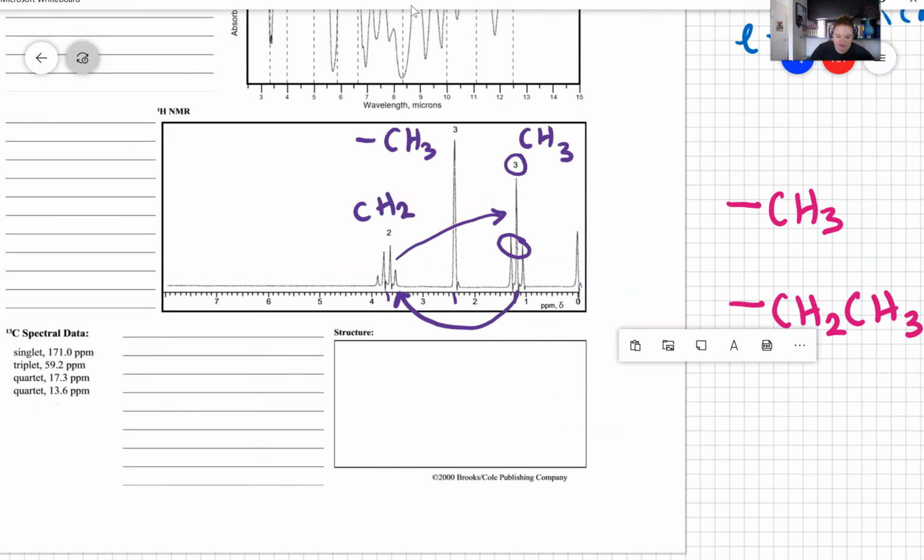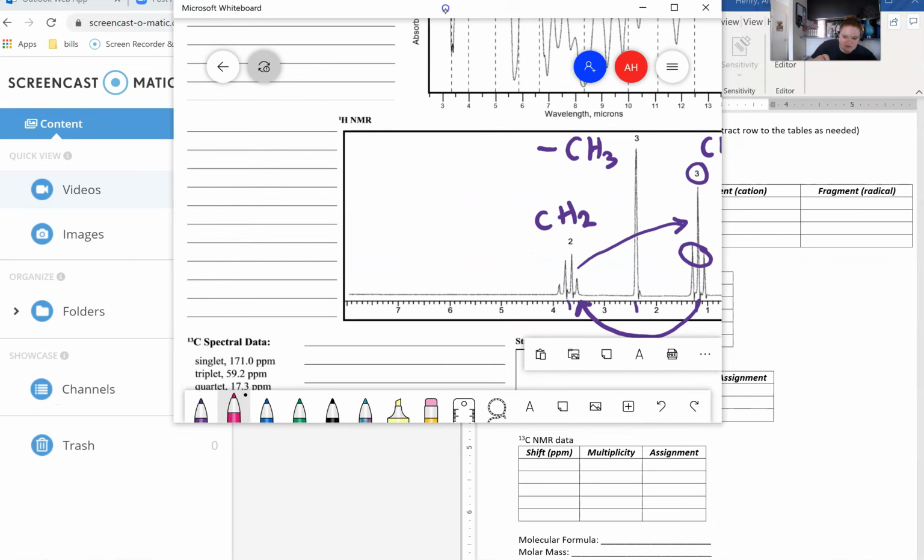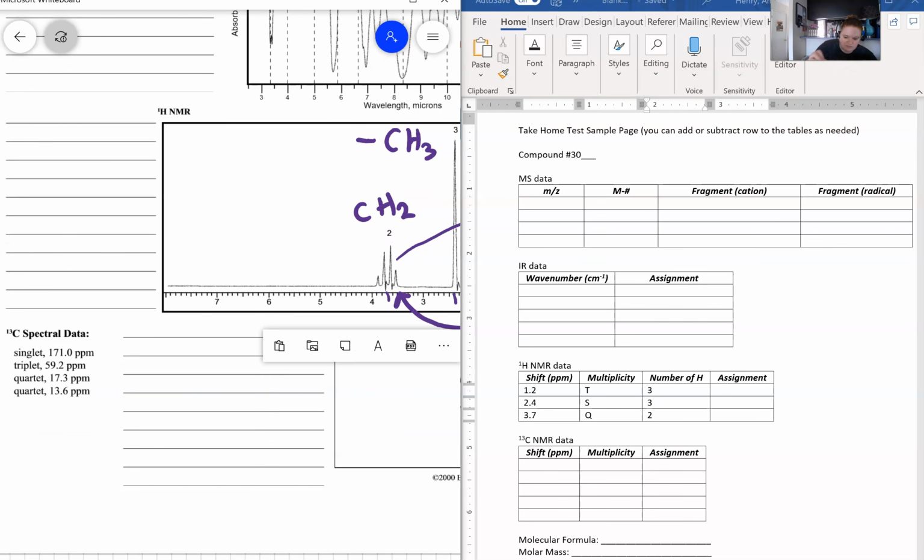When we look at the carbon data, and I'm going to put this into our table, so right here, 171.0, and the multiplicity is a singlet. We have 59.2 triplet, 17.3 quartet, and 13.6 quartet.